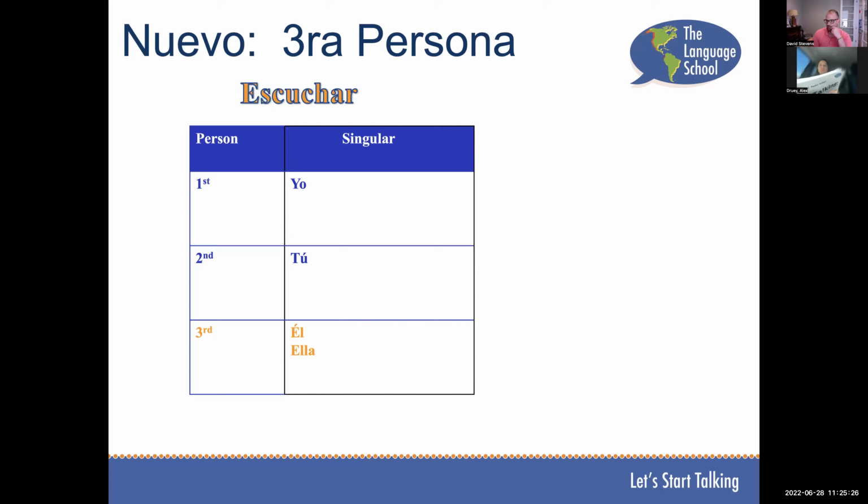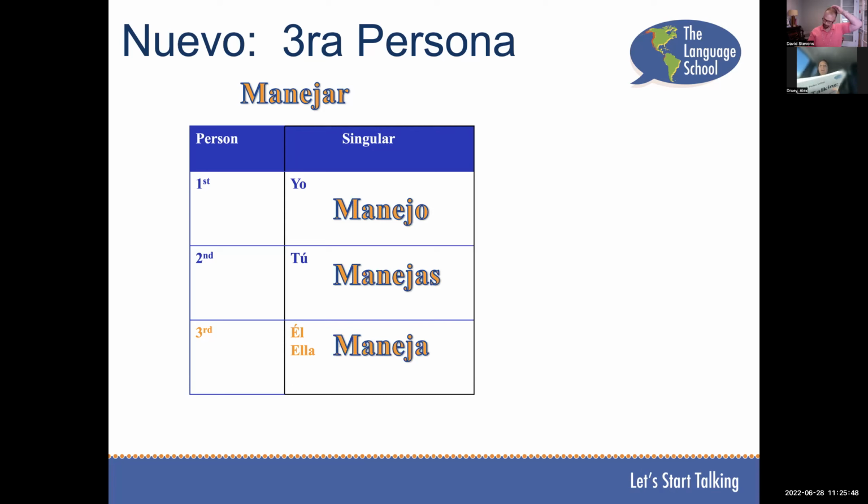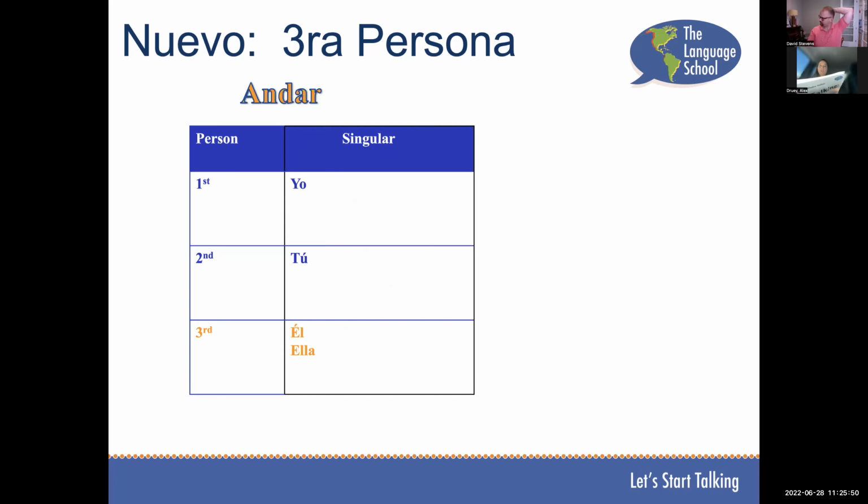Yo escucho, tú escuchas, él escucha, ella escucha. Entrar. Yo entro, tú entras, él entra, ella entra. Manejar. Yo manejo, tú manejas, él maneja, ella maneja.